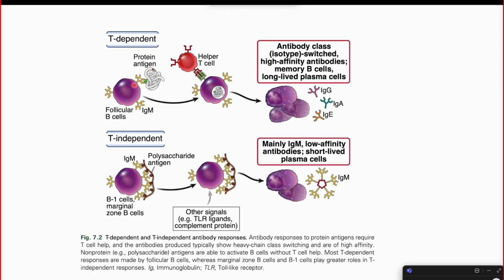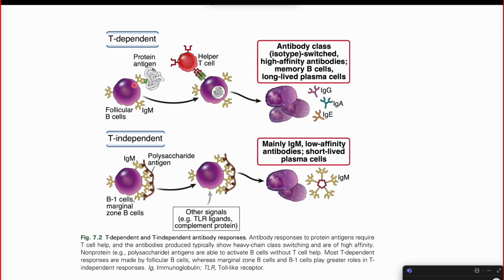It will directly see the protein antigen. It will go and find the T helper cell, or the T helper cell will come and bind with this activated B cell, and that will lead to antibody class switching, which means more highly specific and highly effective antibodies will be formed from this activated B cell.